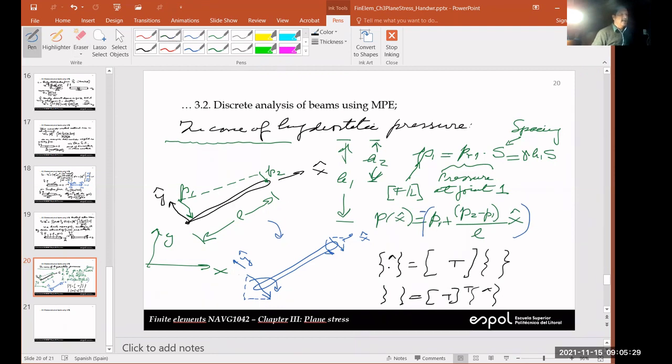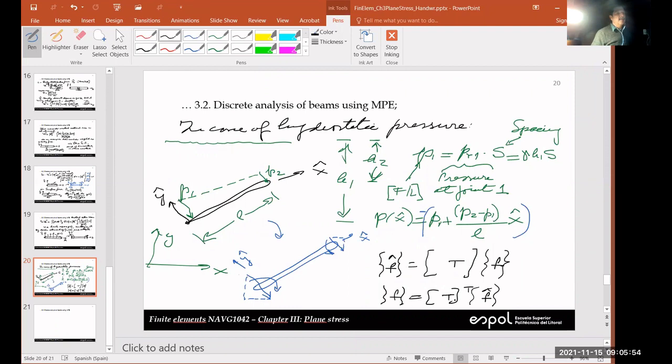So it's going to be, let's call it F, because it's for the one element, F, F, and F. So this is the way we obtain the global stiffness matrix of an element in a global reference system.